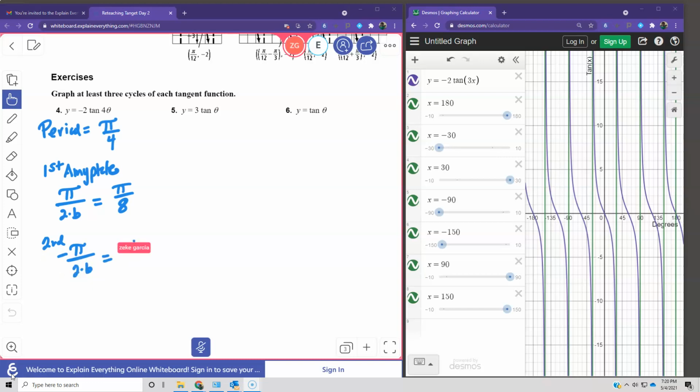So it's negative pi over 8. Now, if you want to understand it better, you can see it in degrees, I don't mind you converting. So it's 180 over pi. So 180 divided by 4 is 45 degrees. And 180 divided by 8 is going to be 22.5 degrees.